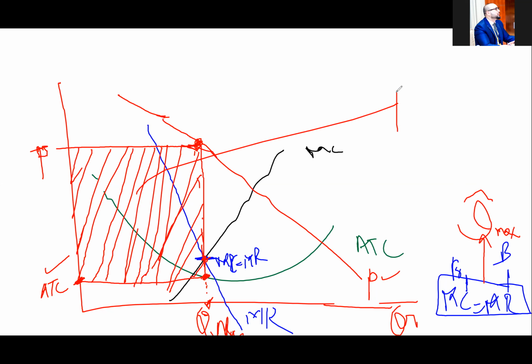This shaded area is called profit. Sorry about my handwriting. So now let's go back. I just explained all of this in one diagram. In our PPT slide, we will be seeing it from a different perspective.